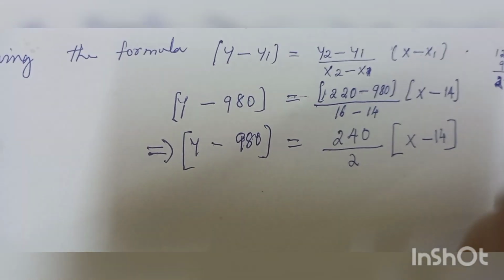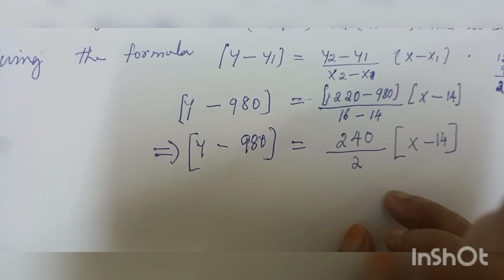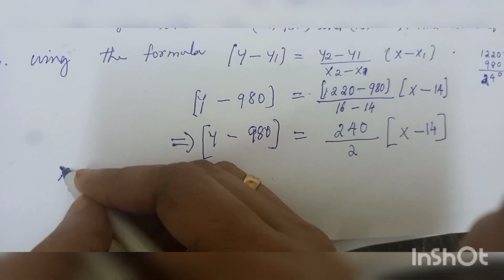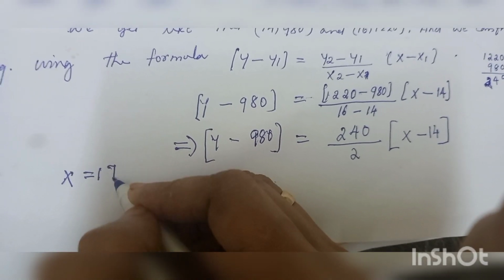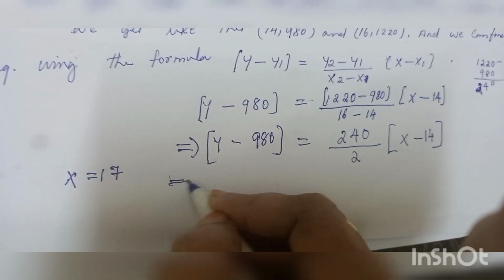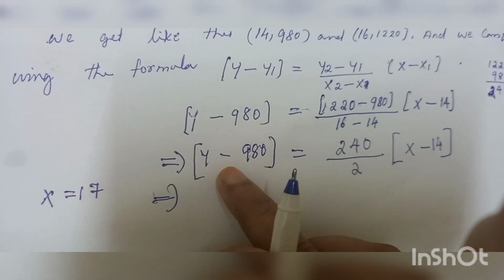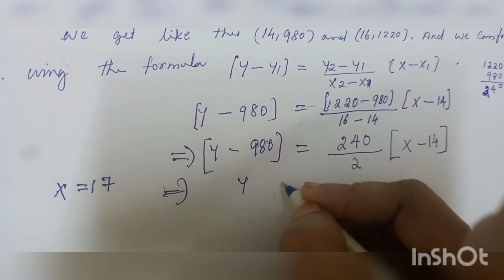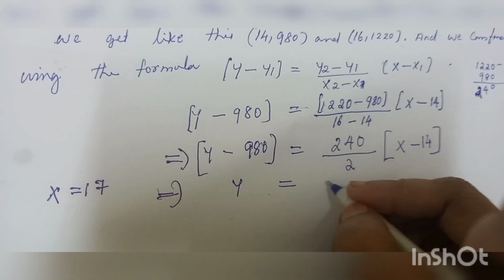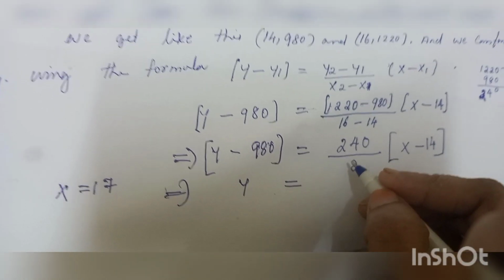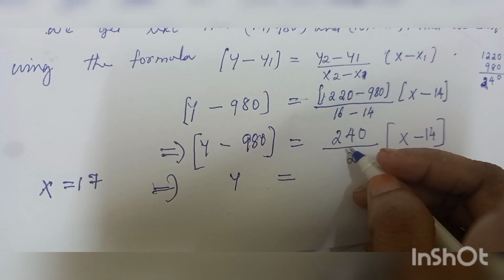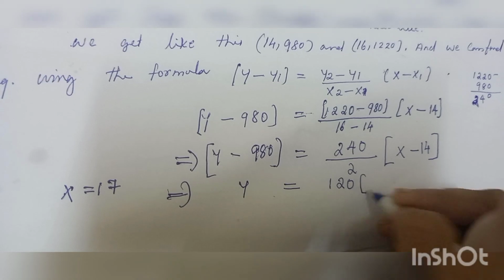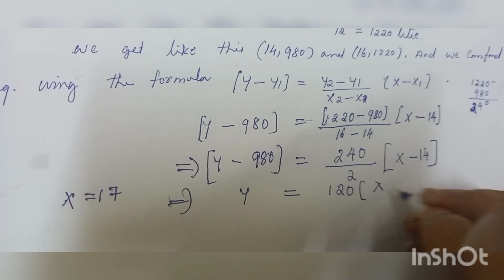So we have to find the value for x equal to 17. We have to transpose this and write a linear equation. So y is equal to 240 divided by 2, which is 120, into x minus 14.